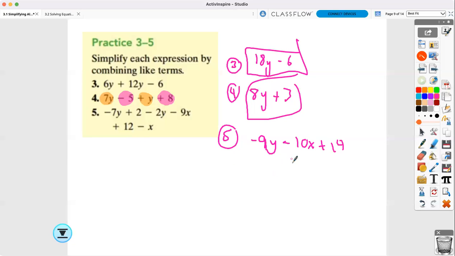Now for number 5, anyone have any questions about it? I'll tell you right now, it is correct. Does anyone have any questions on how we got it?